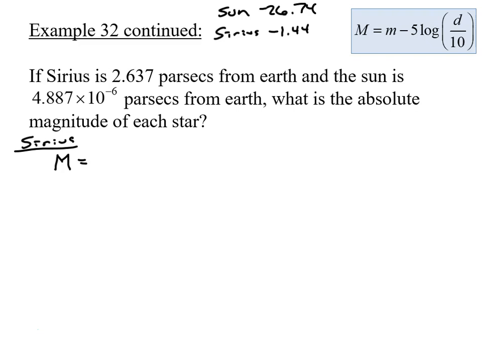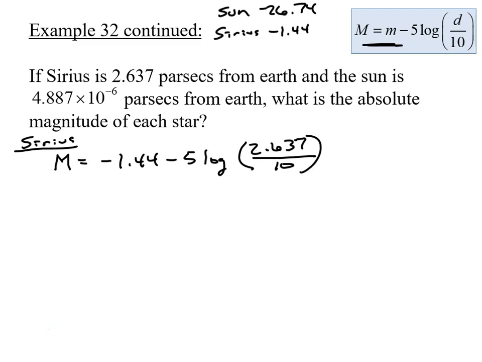So for Sirius, the magnitude m is its apparent magnitude, which is negative 1.44. So I'm just putting that into this formula up here. And then I'm going to subtract 5 log, and then the distance is 2.637 over 10.